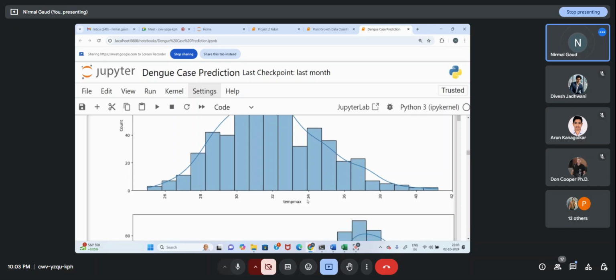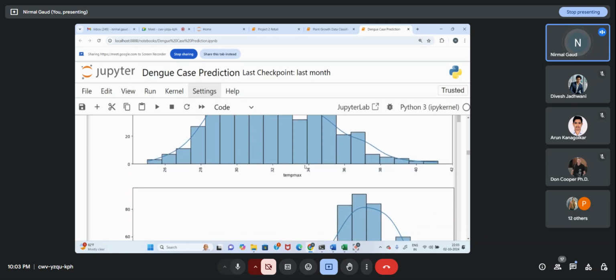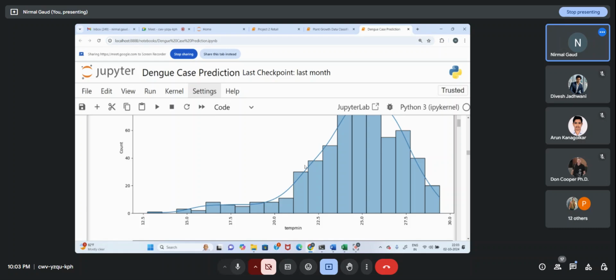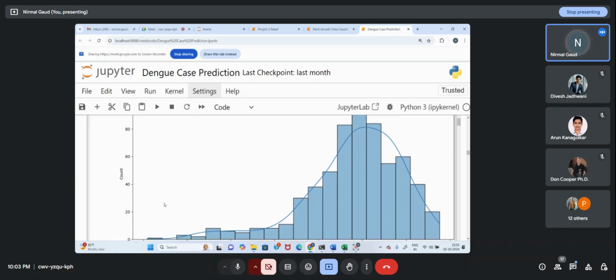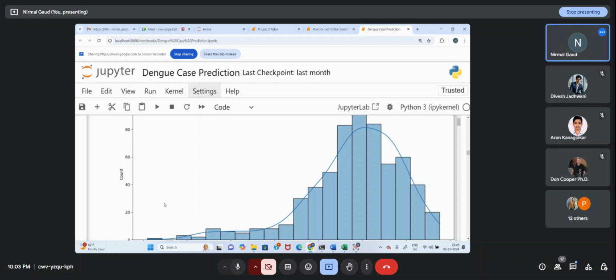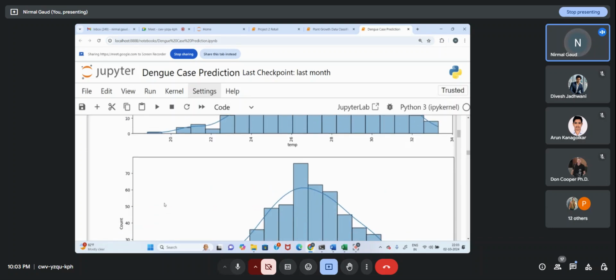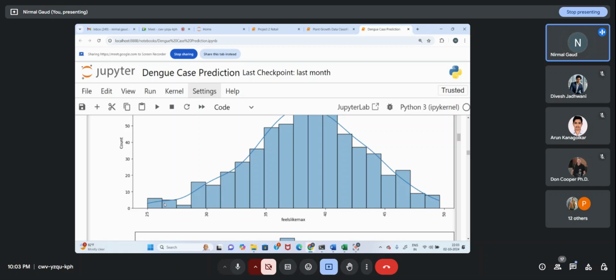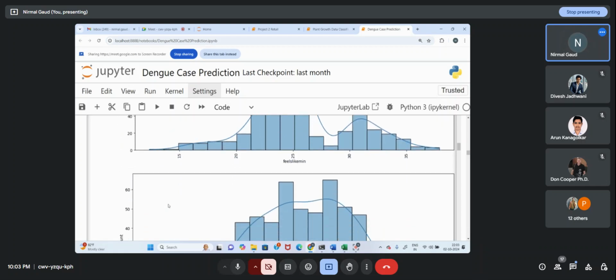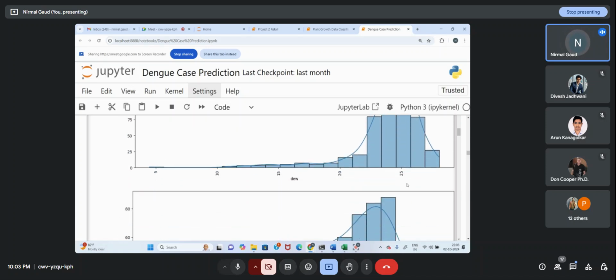You can see something looking normal, temperature max, and some skewed data also. This is left skewed. Understand it: left skewed because the tail is on the left. This is also left skewed. So, histograms for the continuous features.